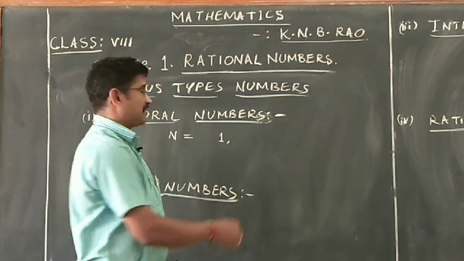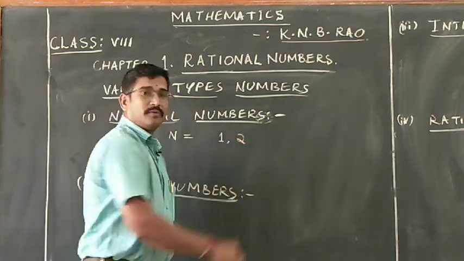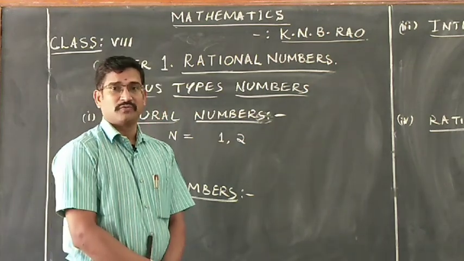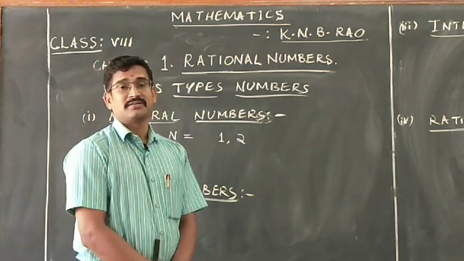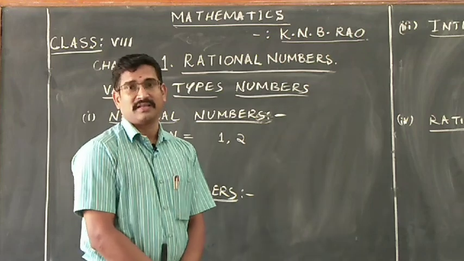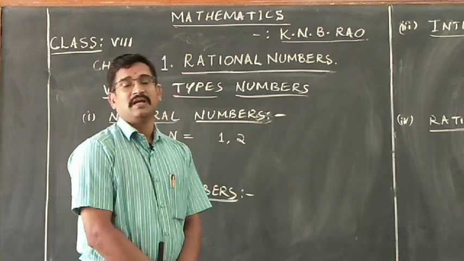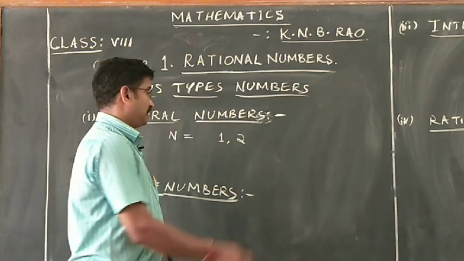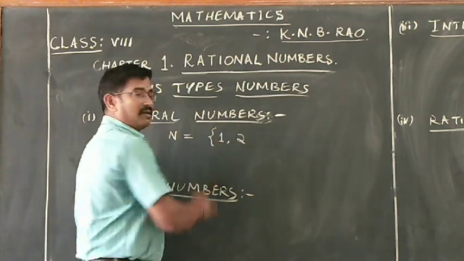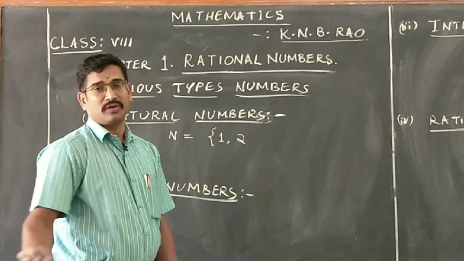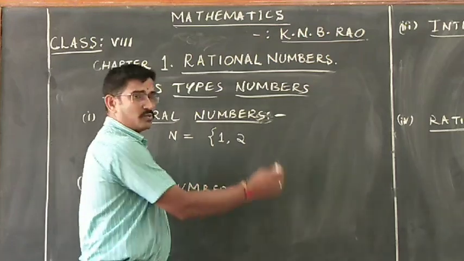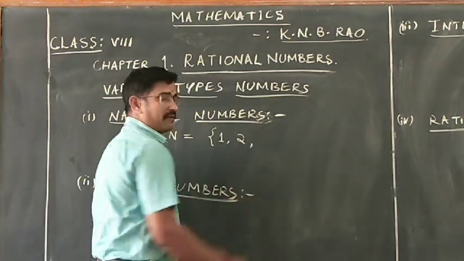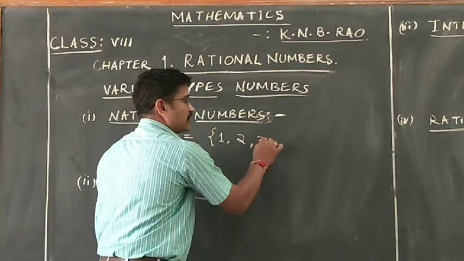Next to 1, as a successor of 1, we have 2, which we use for counting things. The numbers used for counting things in nature are called counting numbers, and they are also called natural numbers. Natural numbers are all the counting numbers. The smallest natural number is 1, and the successor of it is 2, and so on.